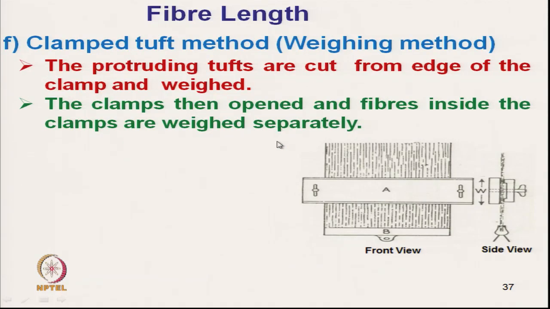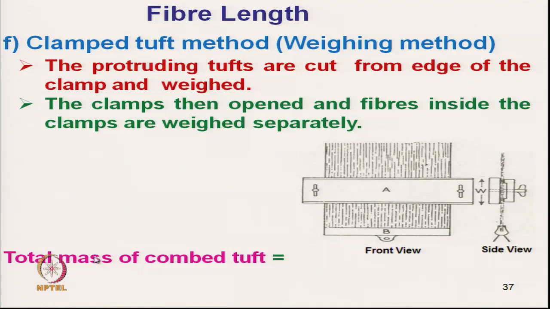The clamp is opened and the fibers inside the clamp are weighed separately. So we now have two masses: one is the mass of the cut, projected fibers, and the other is the weight of the clamped fibers. If we add these two, we get the total fiber mass.